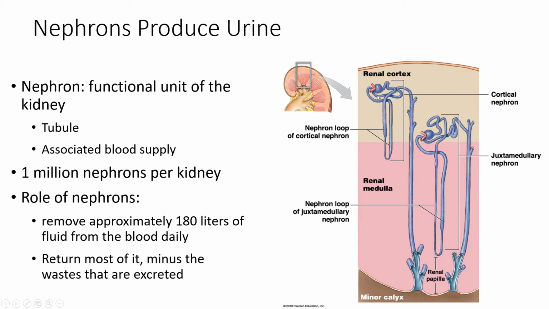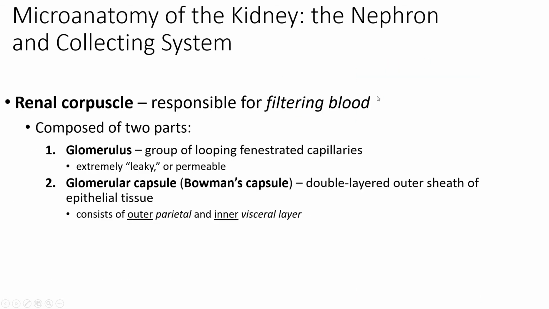Of course, these nephrons are going to filter out approximately 180 liters of fluid daily, but most of this fluid will be returned minus the waste and the harmful substances that are going to actually be excreted through the urine.